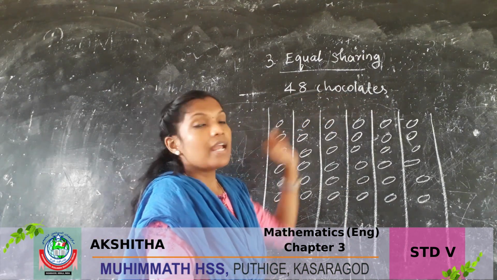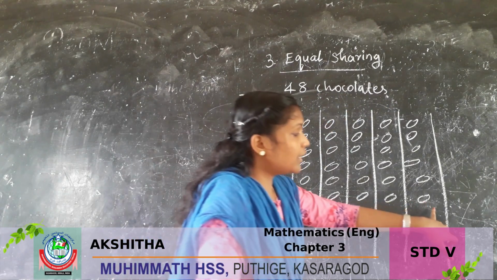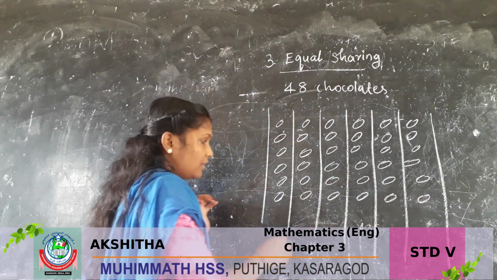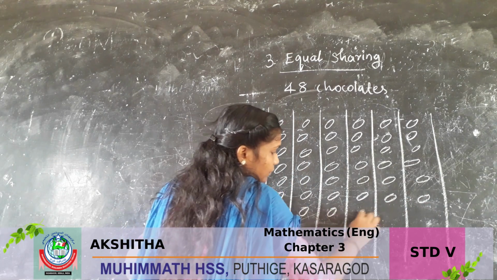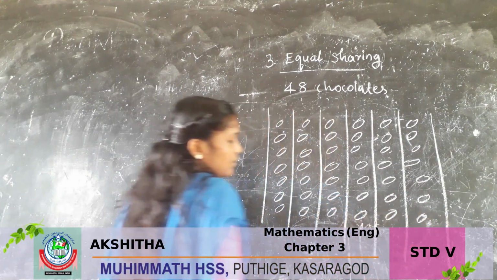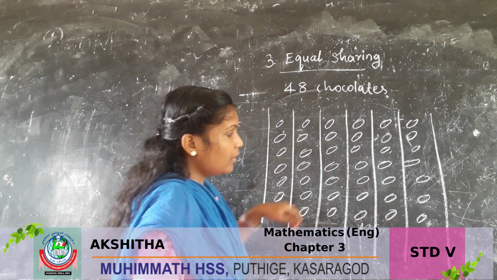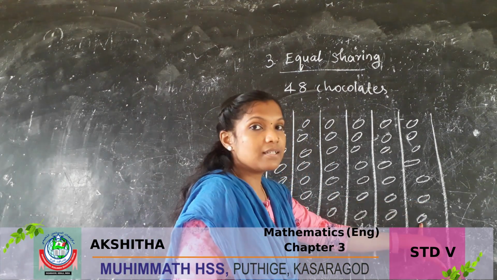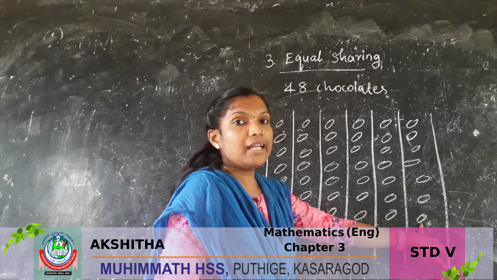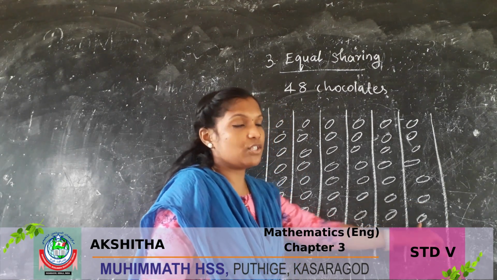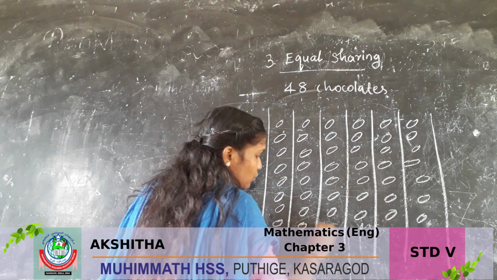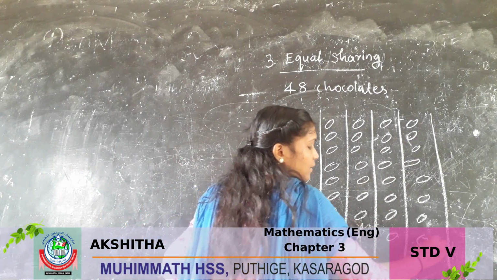Here 36 chocolates are finished. Next, again 6 chocolates shared. Now 36 plus 6 is 42. 42 chocolates finished. Next, 1, 2, 3, 4, 5, 6.